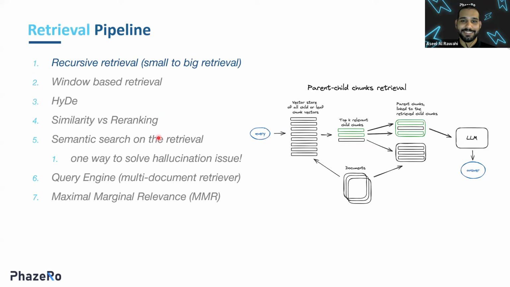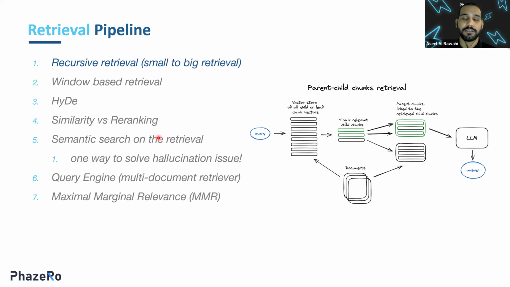So that was high level on the ingestion pipeline. And for the retrieval pipeline, which I really believe is one of the most important components in RAG applications, we've discussed recursive retrieval, which is also called small to big retrieval, where you have your parent chunks referencing your children chunks.